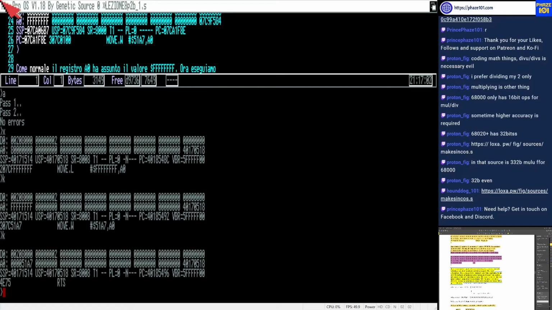So far so good. Just notice that although we moved 51A7, the high word is populated with zeros, and there's a reason why I'm saying this now, because remember, an address register is always long.